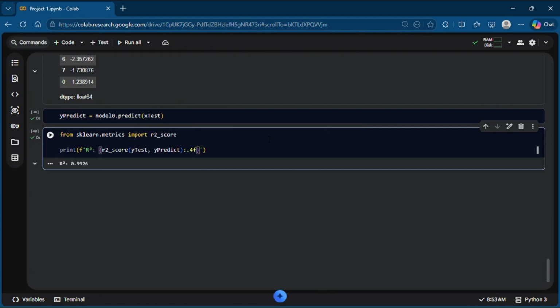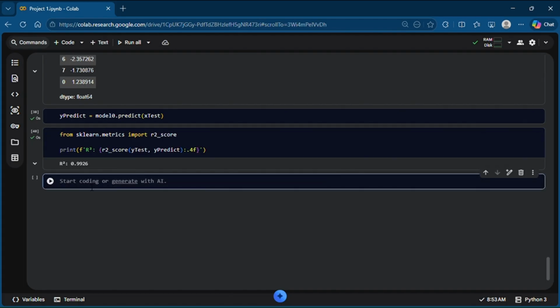Okay, let's go. 0.9. So the explanation comparing the y_test and the y_predict is very close. These variables present very close results.